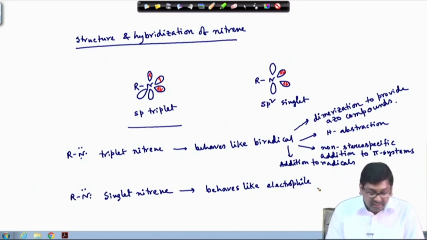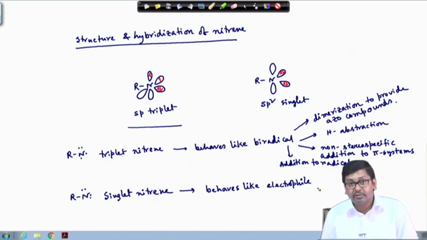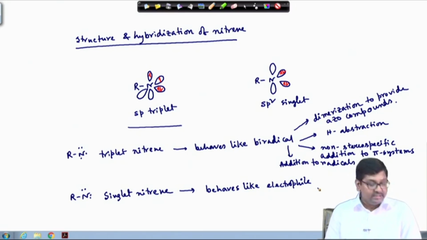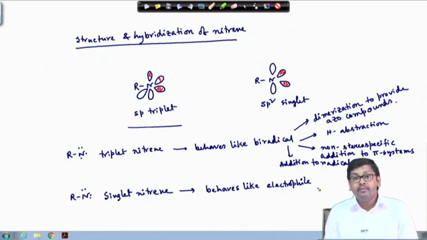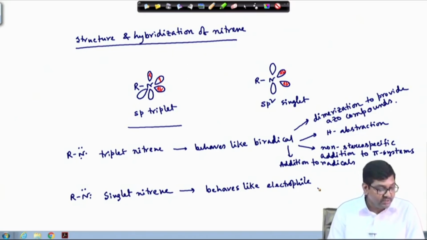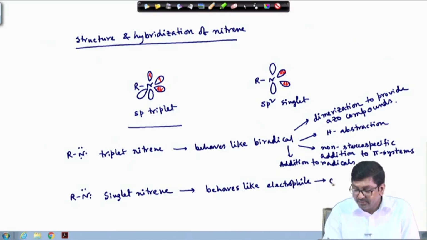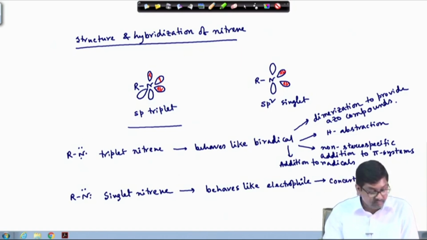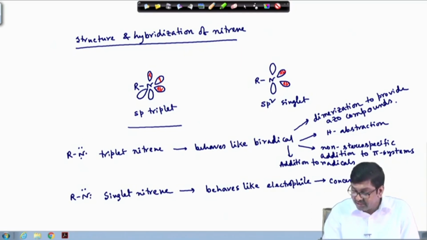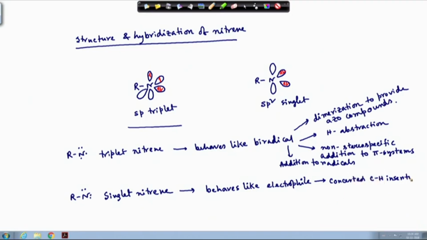So, whether this is insertion into a carbon-hydrogen bond, or addition into pi bonds, all will be stereospecific. So, we can think that this will give concerted carbon-hydrogen insertion.